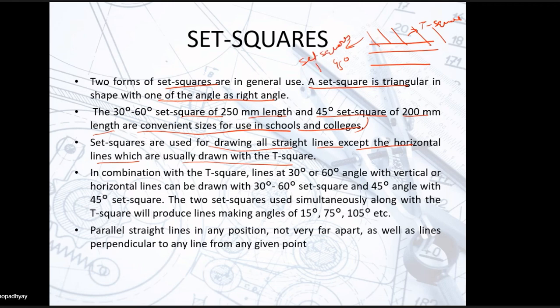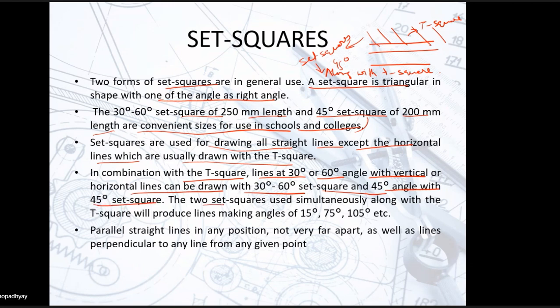Set squares along with the T square, with the help of T square as well as set square, you can draw different types of lines. In combination with the T square, lines at 30 degrees, 60 degrees with vertical or horizontal lines can be drawn with the 30-degree, 60-degree set square, and 45-degree angle with a 45-degree set square.